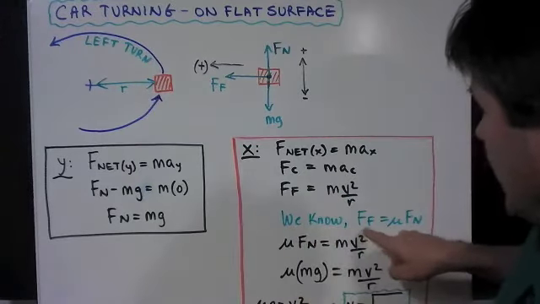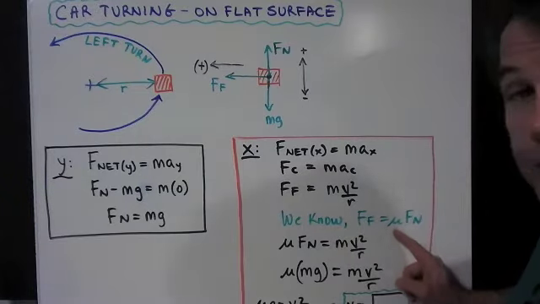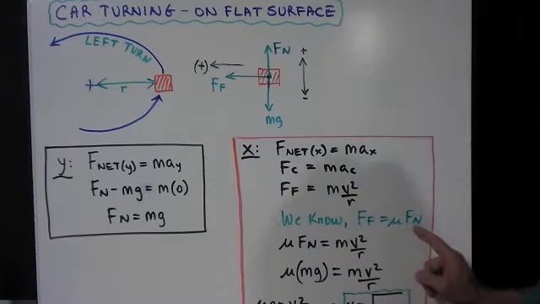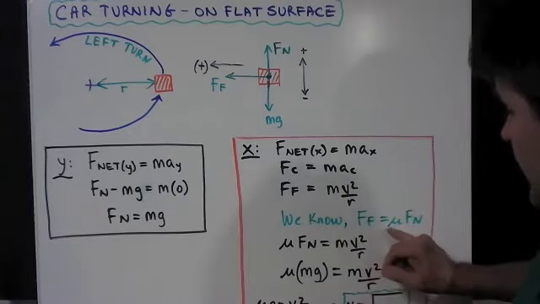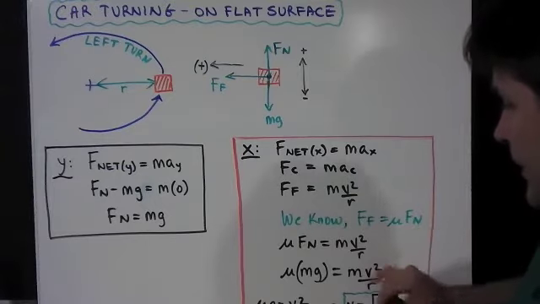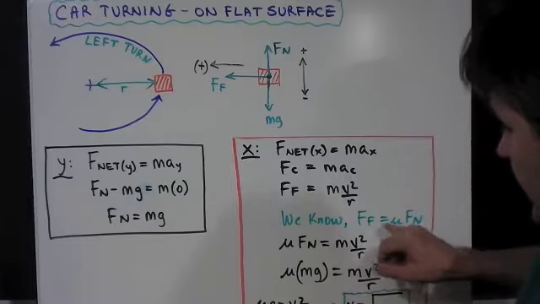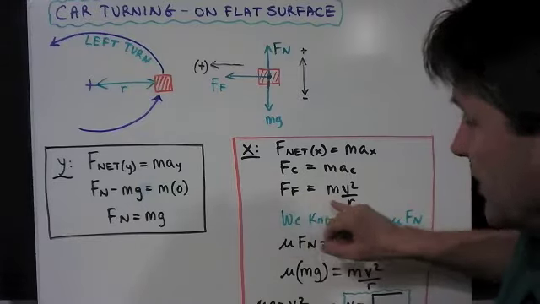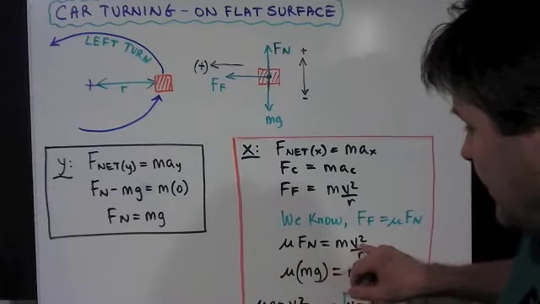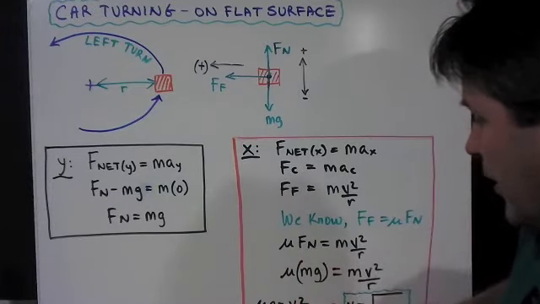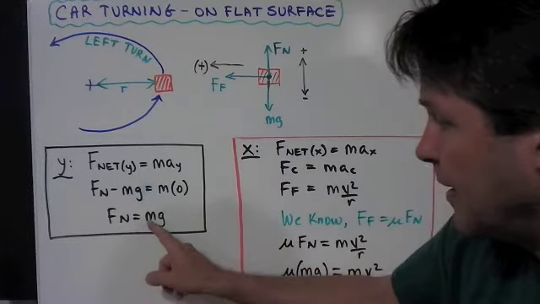Now we know that the force of friction is equal to the product of the coefficient of friction and the normal force. We always remember this as the friction equation. Ff is equal to mu Fn. So what we can do is substitute the Ff in the previous statement, and we'll end up having mu Fn is equal to mv squared divided by r. Now here we said that Fn is equal to mg.